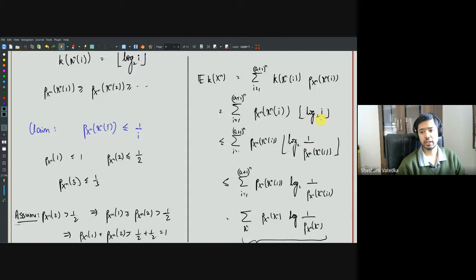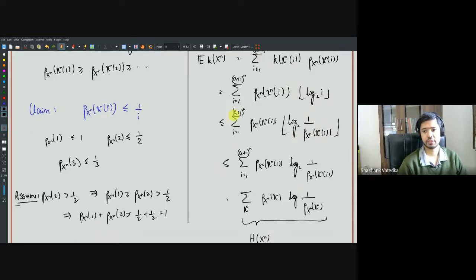And then we saw that the ith highest probability is always going to be less than or equal to 1 over i, or i is always going to be less than or equal to 1 over the ith largest probability. And I just substituted that in the expression for the expected length, and since floor of log is less than or equal to the log, this is less than or equal to the sum over all possible xn of P of xn log 1 over P of xn.